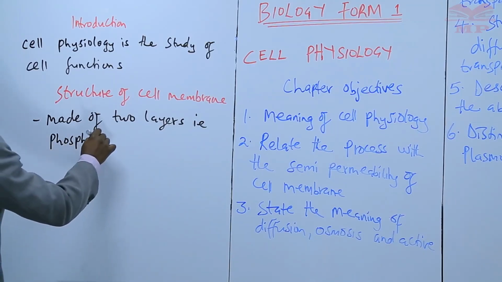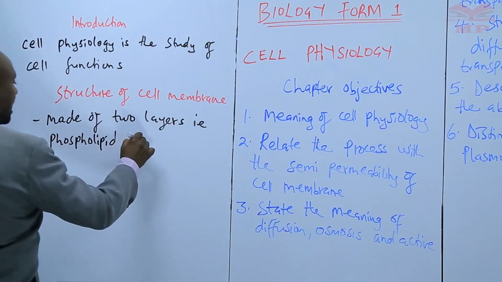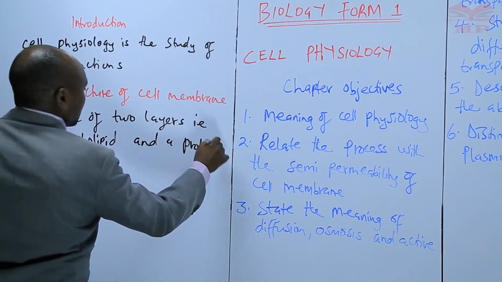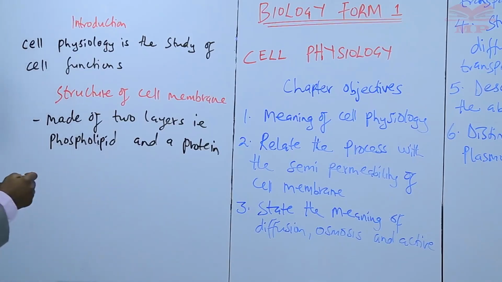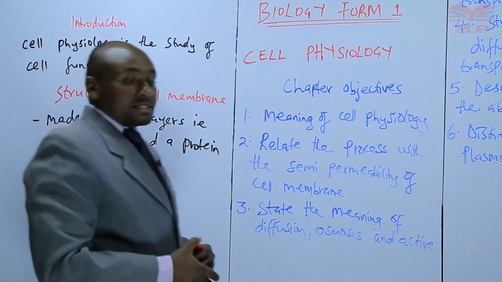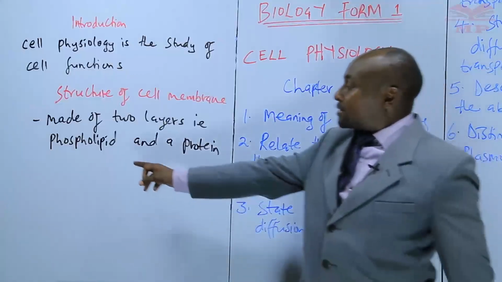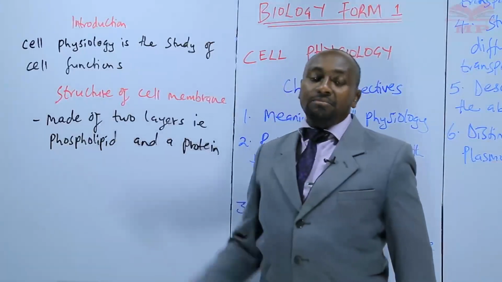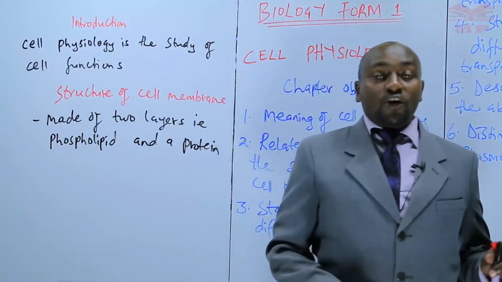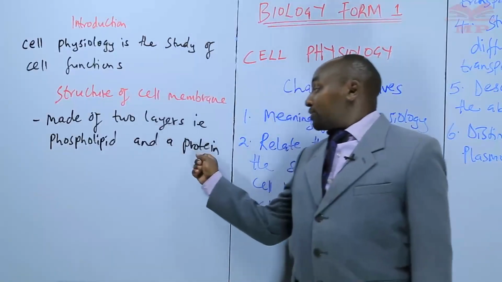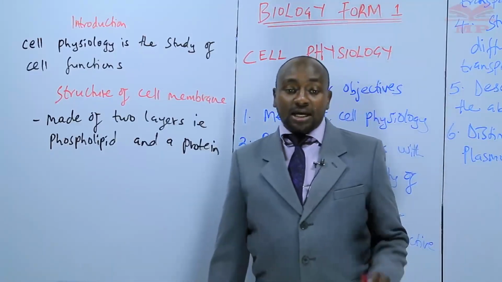I'll explain what a phospholipid and a protein are. A phospholipid is a fat layer. Anything that ends with the word lipid means that it's either a fat or an oil layer. Then, of course, the other one is a protein layer.